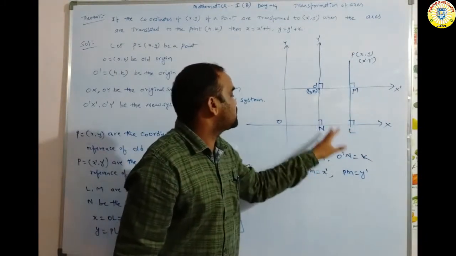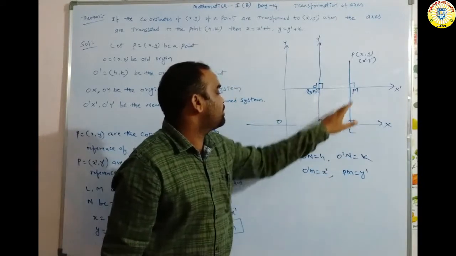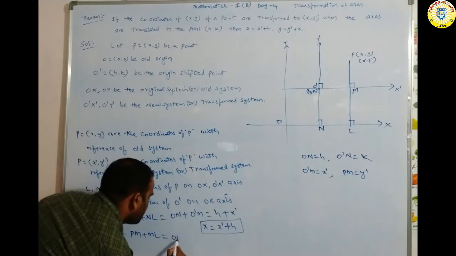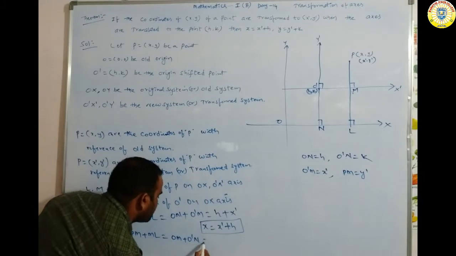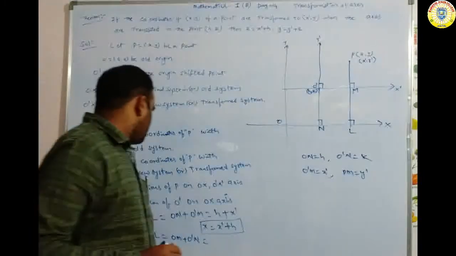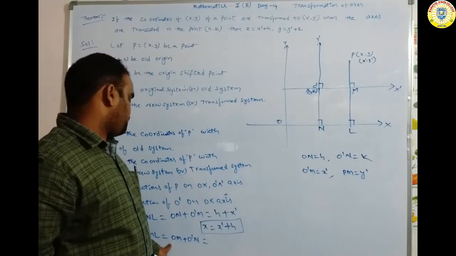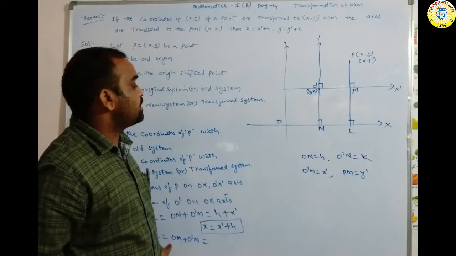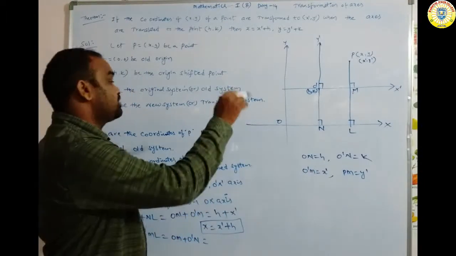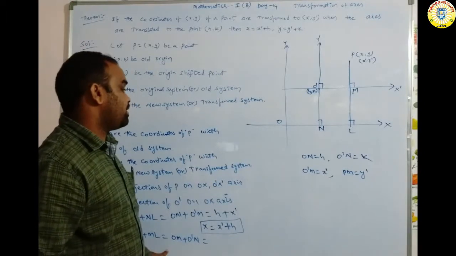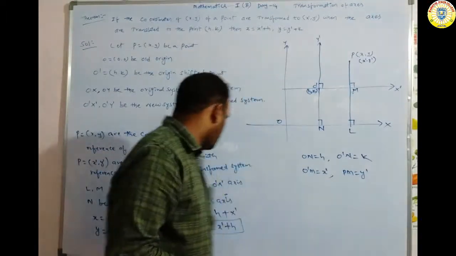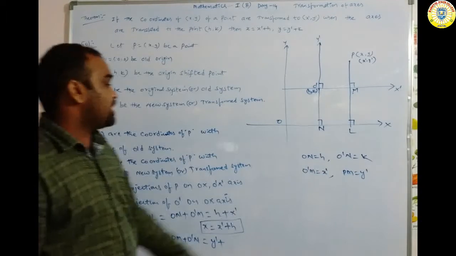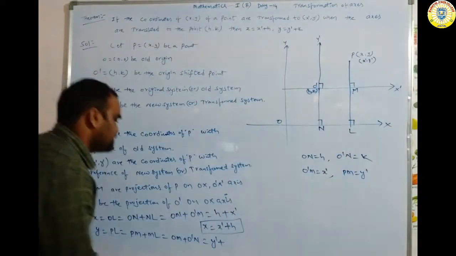ML is nothing but O dash N. PM is equal to y dash, and O dash N is equal to k.